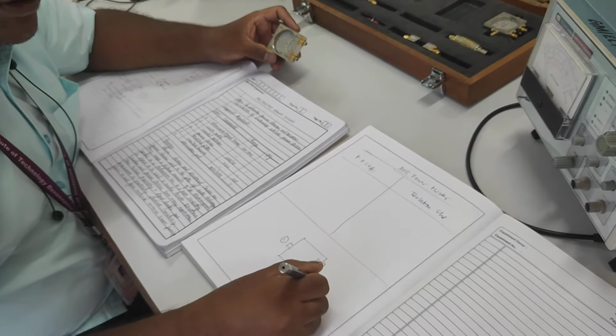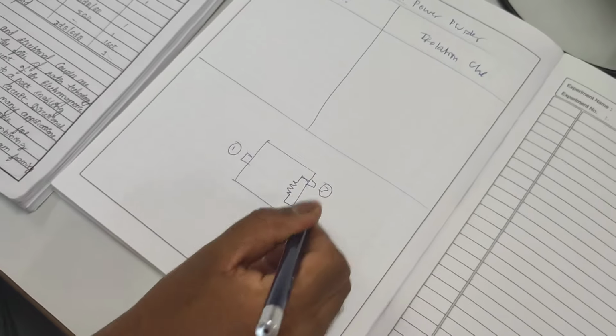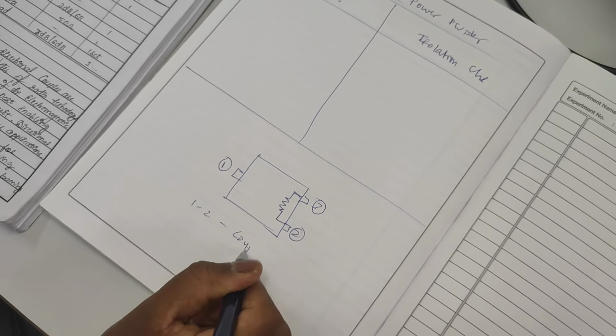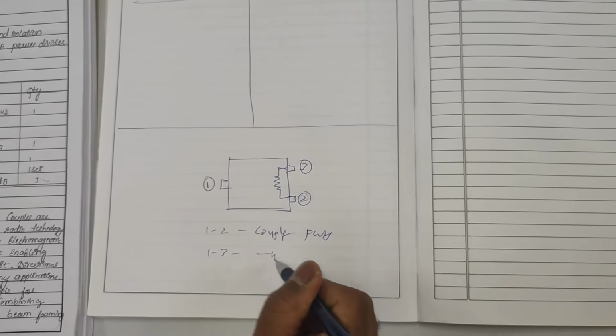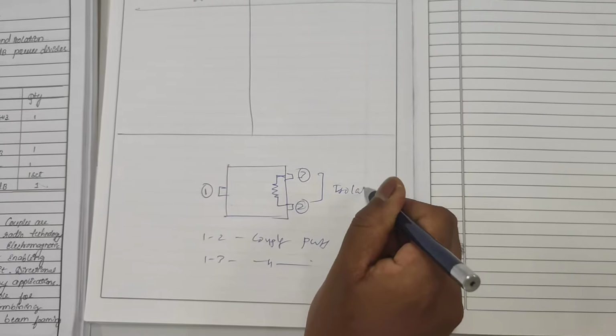So I will write the diagram of this. This is port 1, this is port 2, this is port 3. Port 1 to 2 there is a coupling. These are called coupled ports. 1 to 3 are also coupled ports, but 2 and 3 are called isolated ports.